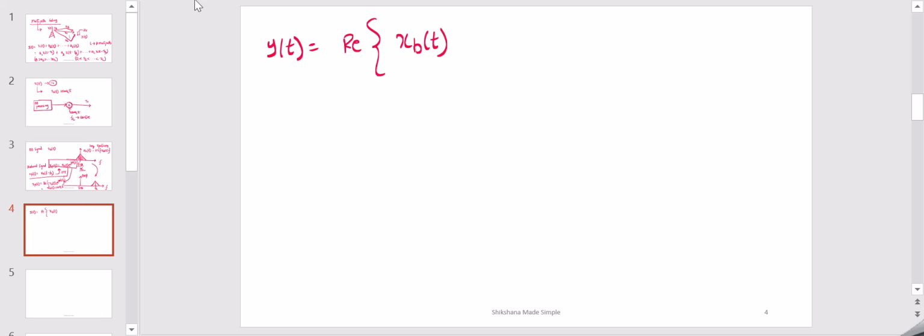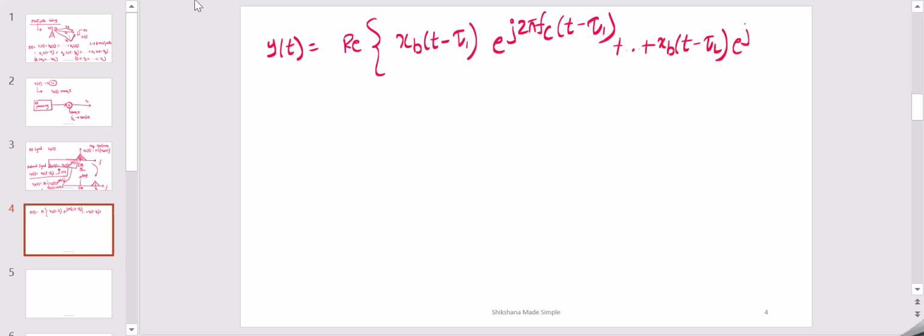So xp of t minus tau 1, the first component, then it is power of j 2 pi fc into t minus tau 1. Similarly, we can write the last component, which is xb of t minus tau l, e to the power of j 2 pi fc into t minus tau l.